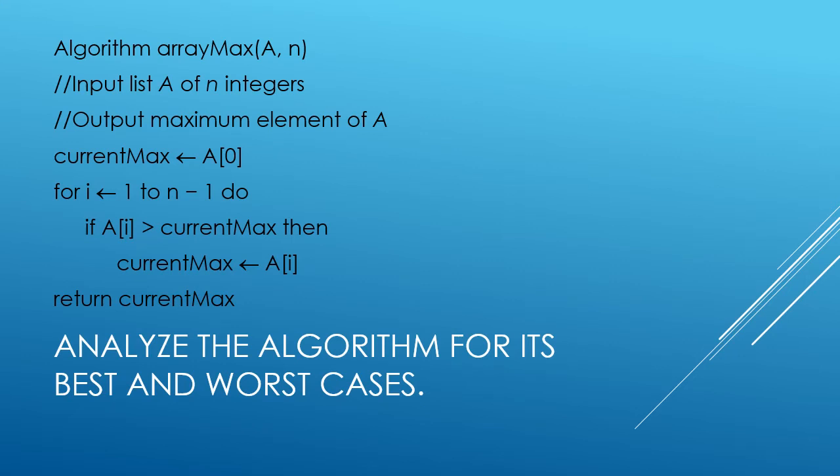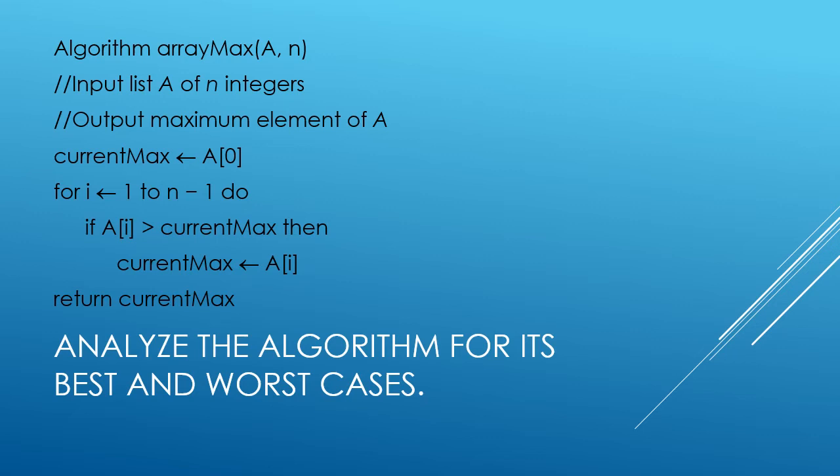Now I ask you to analyze the given algorithm for its best and worst case. The algorithm is called arraymax, takes a list A of n integers and the second argument is the variable n, which shows the length of the list. The output is the maximum element of A. It assigns the 0th element to current max.